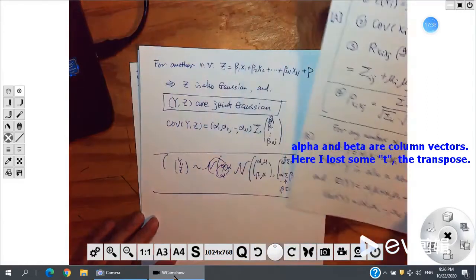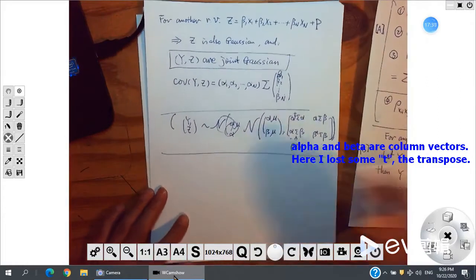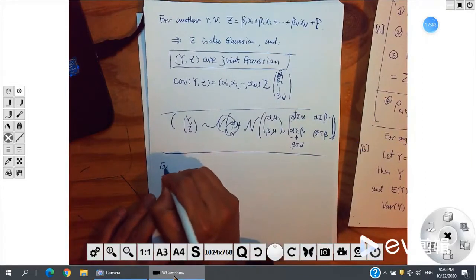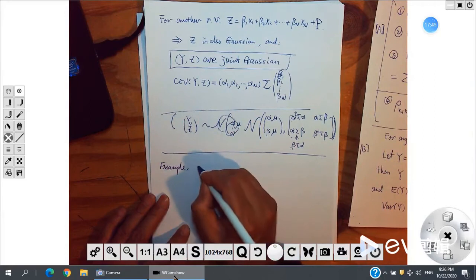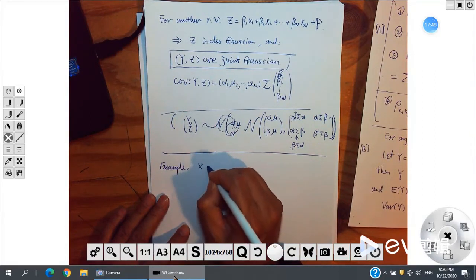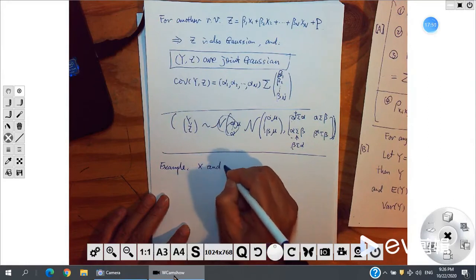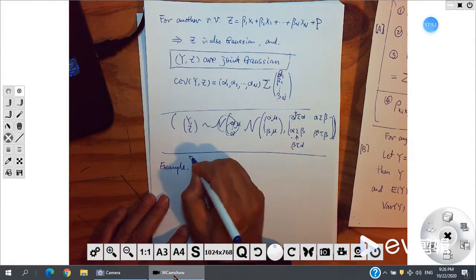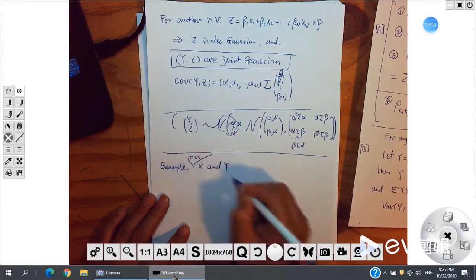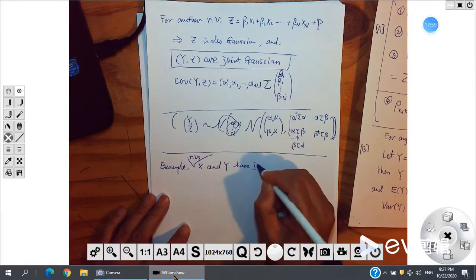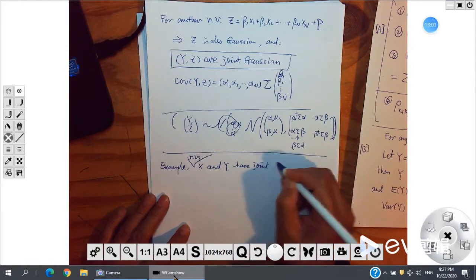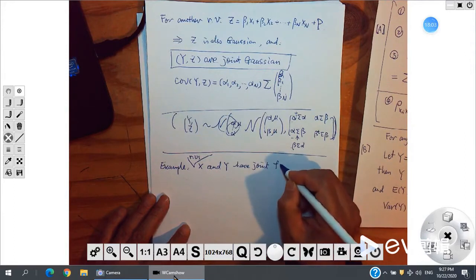Now we can study an example. We have x and y. X and y both are random variables. Random variables x and y, they have a joint PDF.